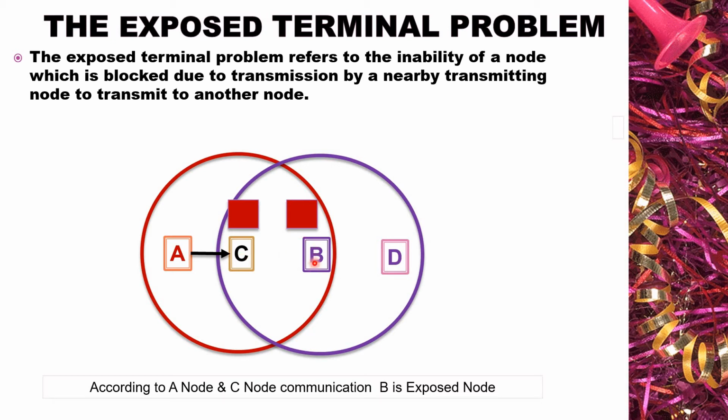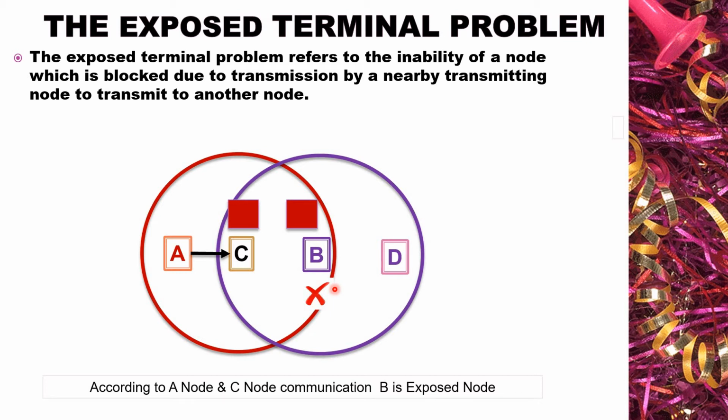Because of this overhearing, what will happen? B will decide that A and C are already communicating, so B should not send any communication to another node. So it will decide to move to sleep mode.